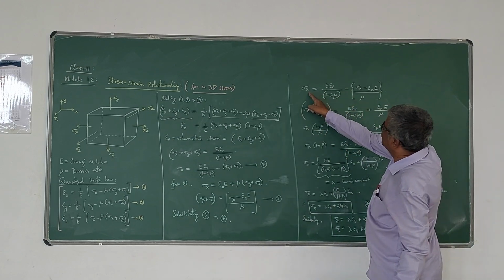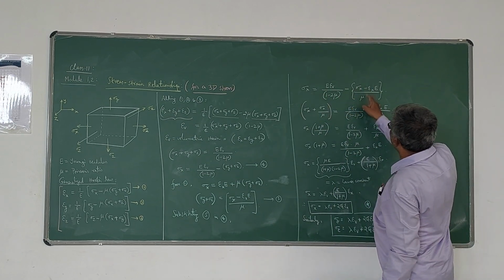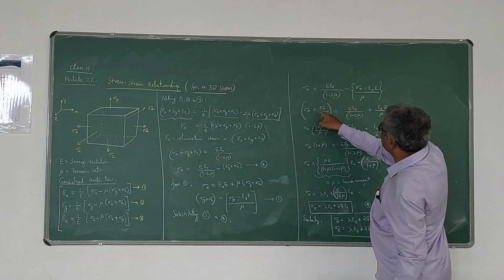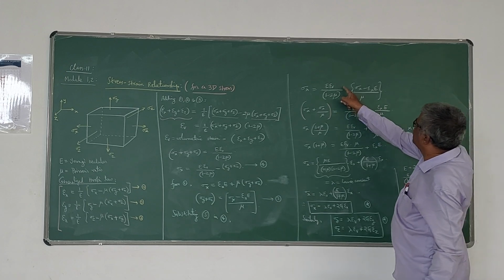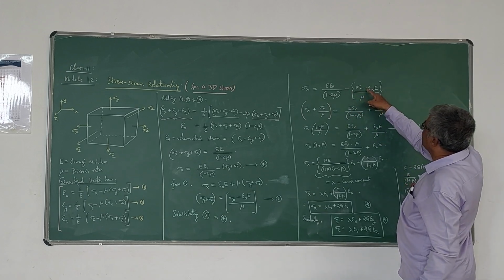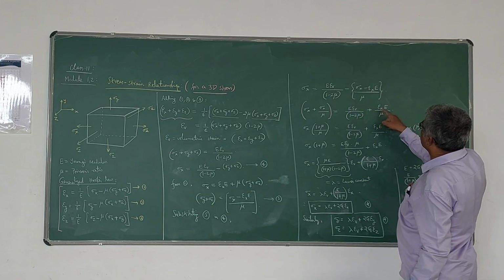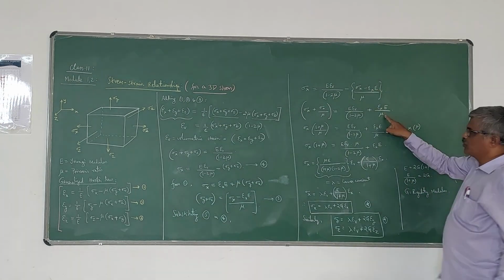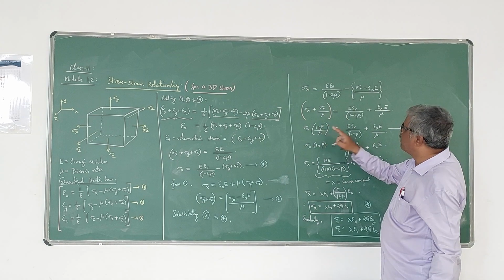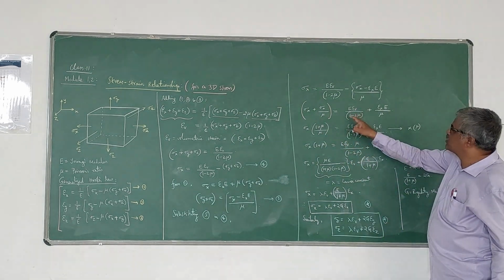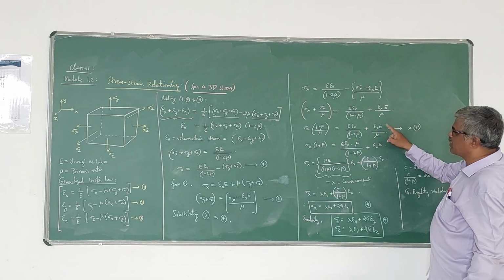So here sigma x is there. If you bring this minus sigma x by mu to the LHS, it becomes plus. Whatever is on this side will be the same; minus into minus becomes plus, so plus epsilon x into E divided by mu. Now here, if you take sigma x common, it is 1 plus mu divided by mu. Mu is the LCM, and this term remains the same. This term also remains the same.